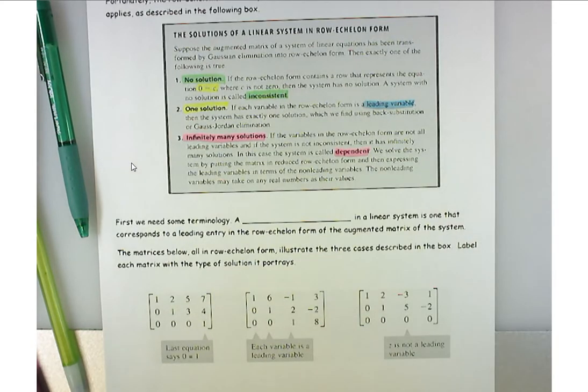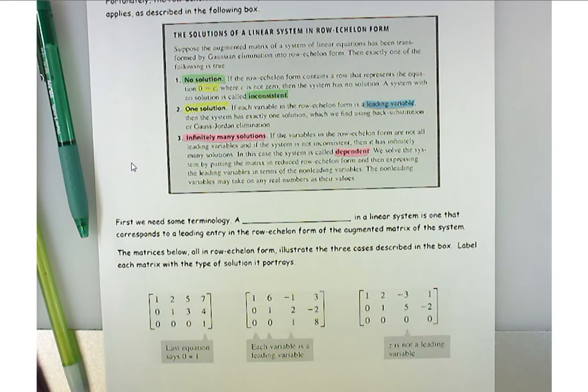Remember how we saw earlier that some matrices had a row of all zeros at the bottom? If you have a row of all zeros, the equation that's creating is 0 equals 0, which is a true statement, and that's how you'll know when there are infinitely many solutions.